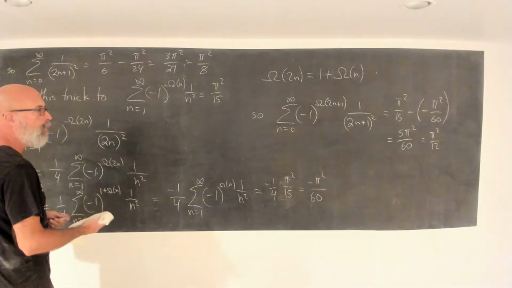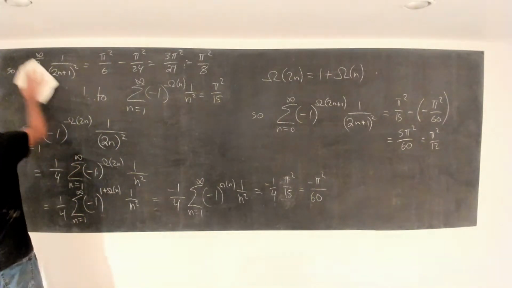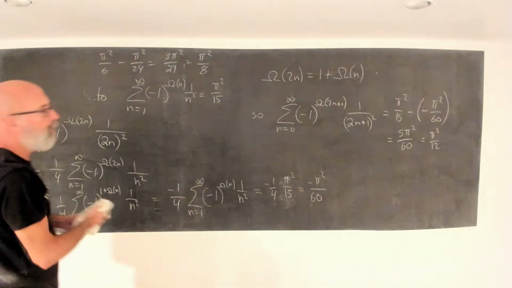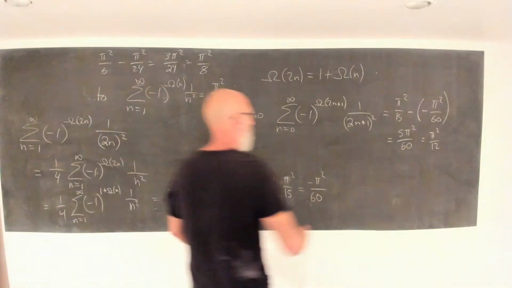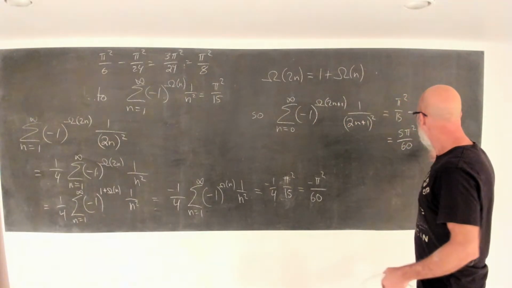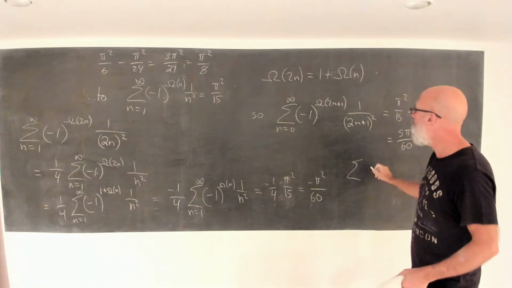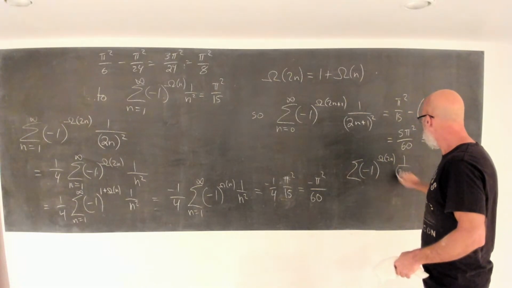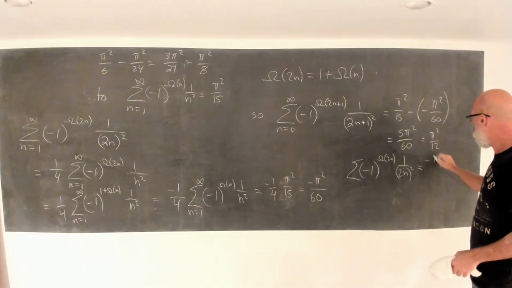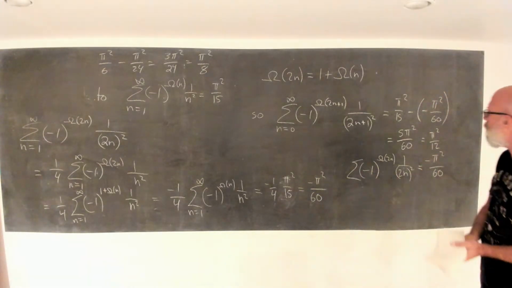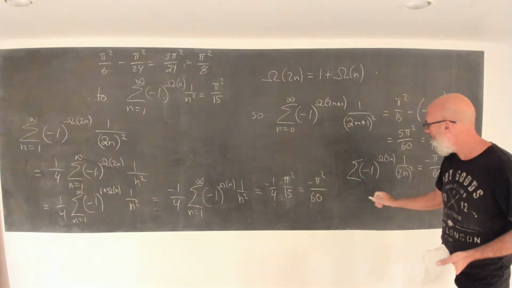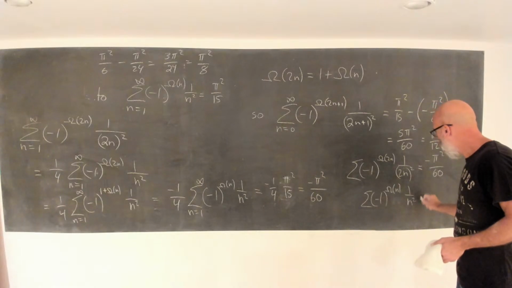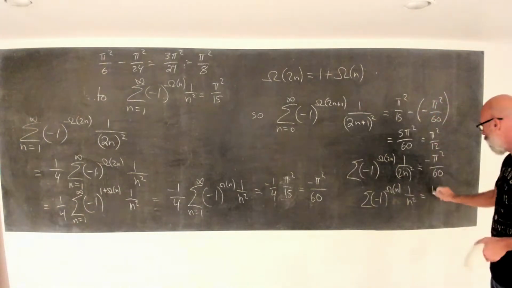All right. Well, so that's nice. So before I erase this, the sum over the odds is pi squared over 12, the sum over the evens is negative pi squared over 60. The sum over everything was pi squared over 15.